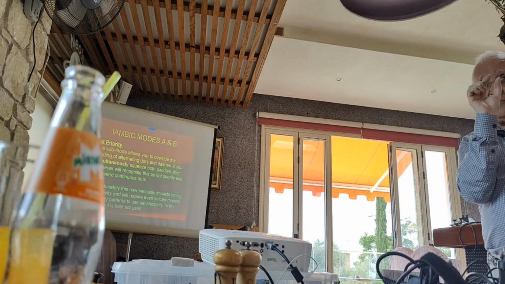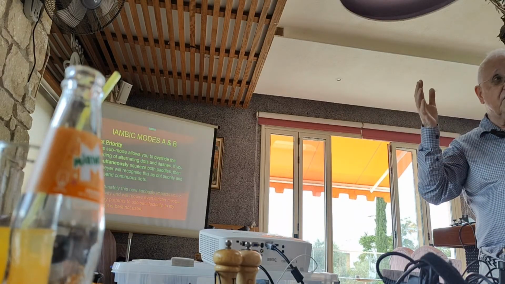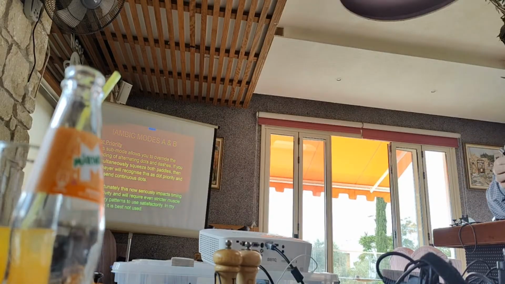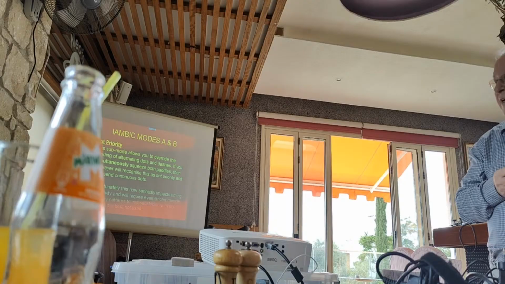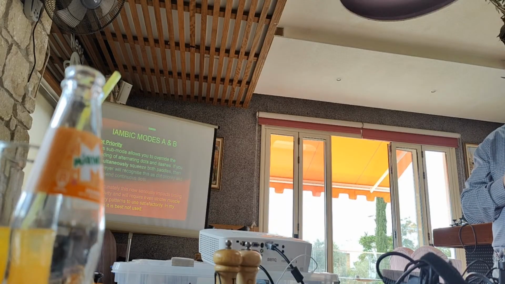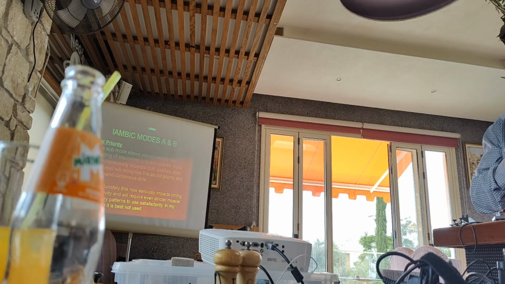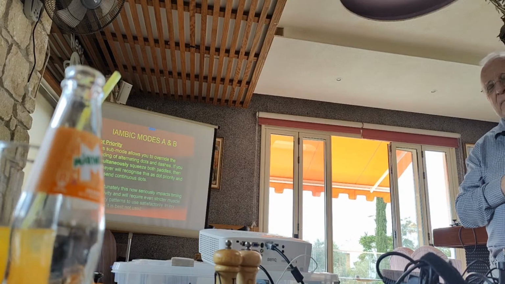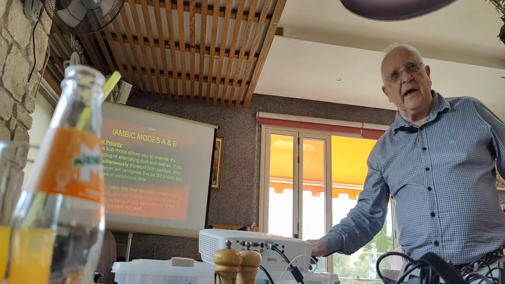That 10 milliseconds for contact bounce suppression stays no matter how fast you're sending, because you've got to suppress contact bounce. So the timing gates get narrower and narrower. And as I say, what I've found looking at CW hounds is as you get up to about 30 words a minute or more, they tend to default back to ultimatic keying rather than iambic keying, simply because the timing gates are so narrow. So it's as if you were using a single paddle.